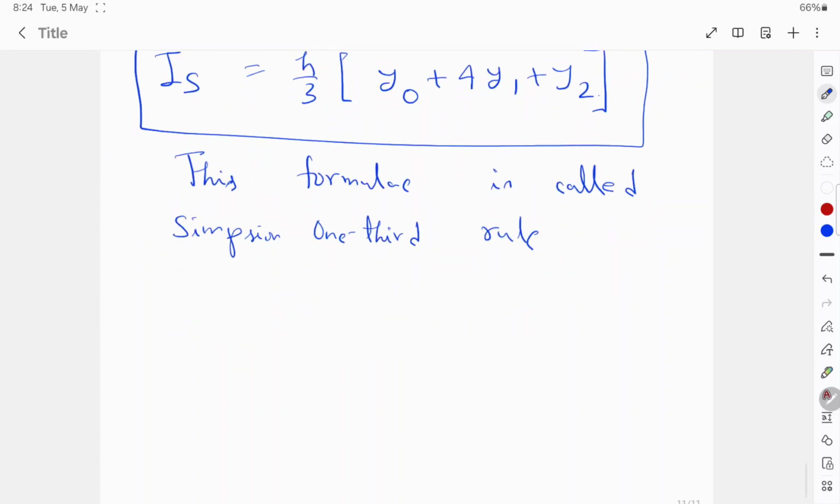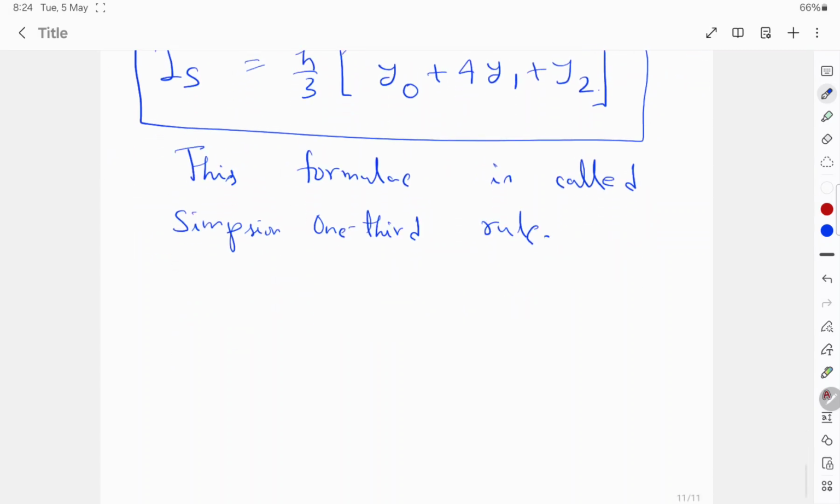Now remember, this is a 3-point quadrature, so whenever you are dividing your interval, suppose you are going from here to here, you are basically taking 2 subintervals in this way. For the simple rule the number of intervals is 2, no issue.